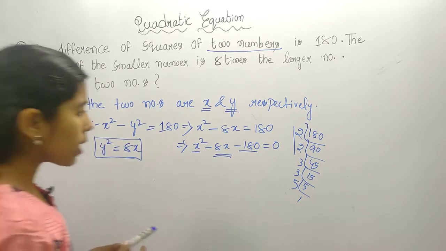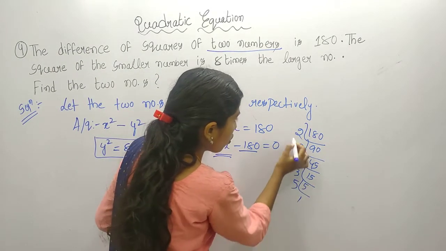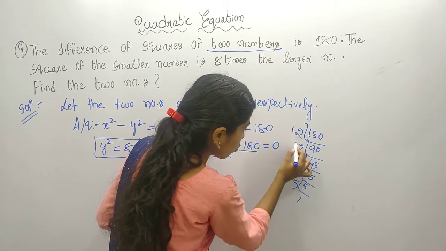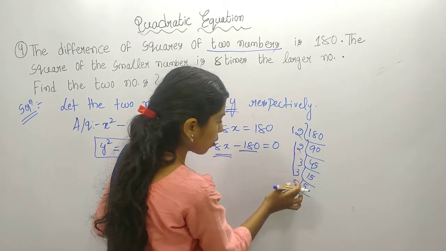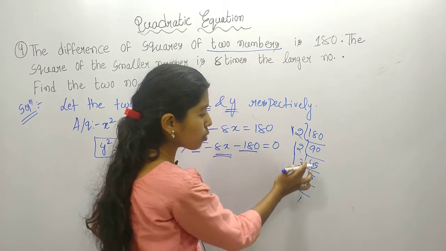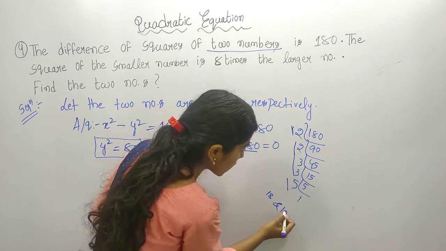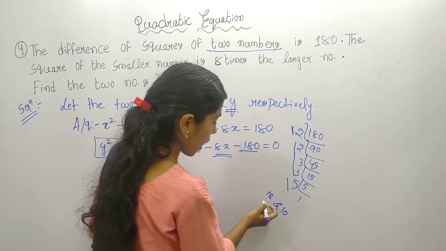So, here you see how 8 will come. 2, 2, 3, 3: 2 into 3 into 3 is 18. Again 2 into 5 is 10. So like this we can take 18 and 10.